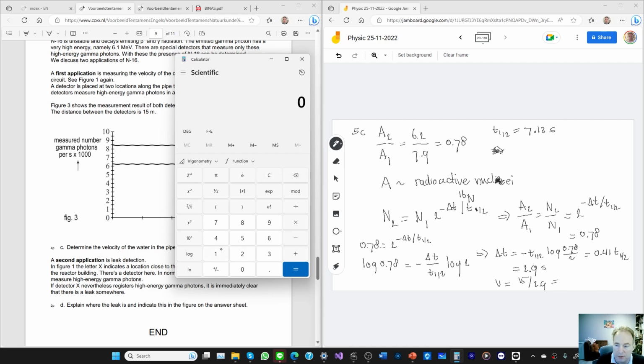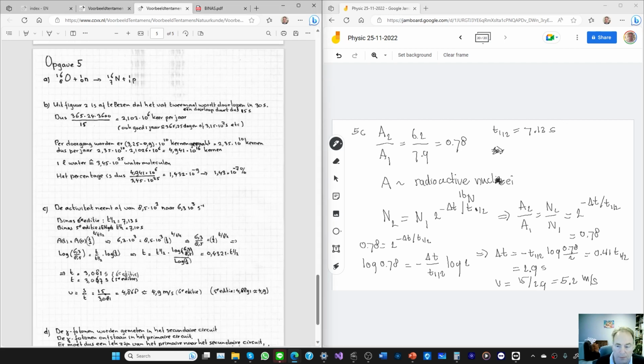No, I did that wrong. It is 5.2 meter per second. And they have 4.9. I guess that must be coming from these activity readings here.